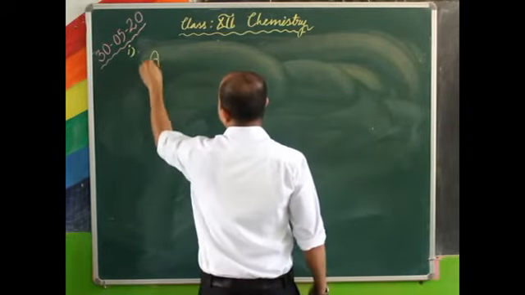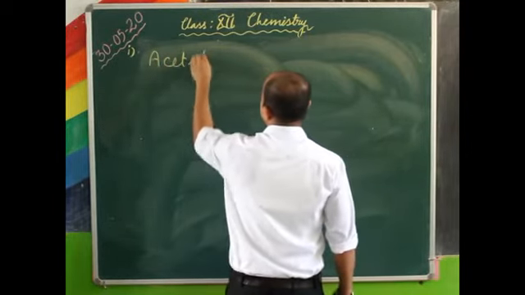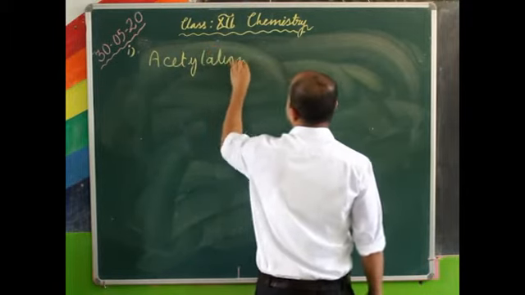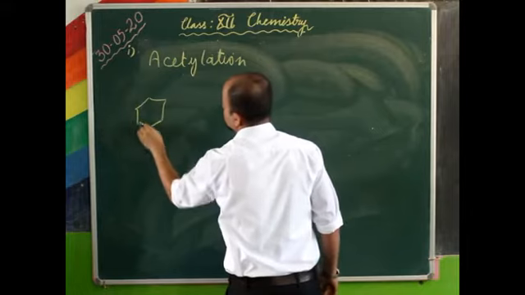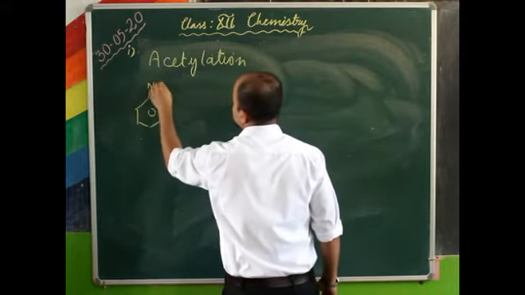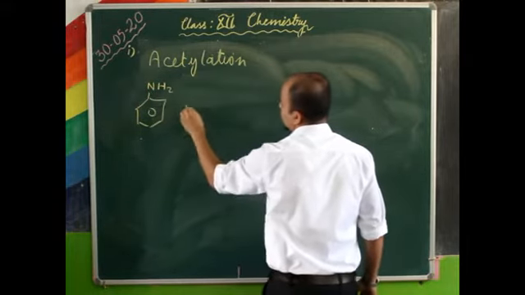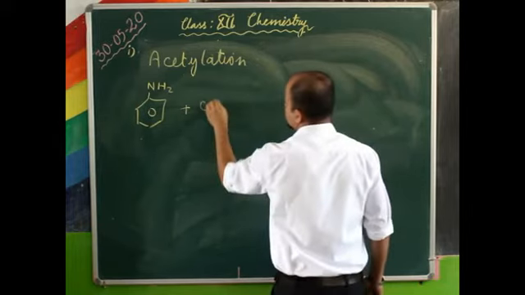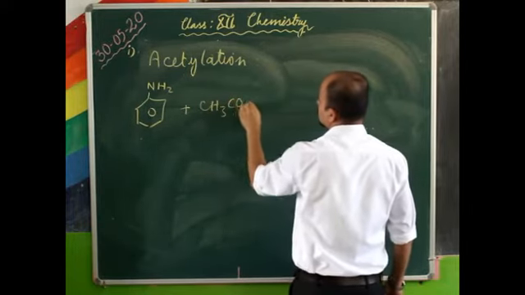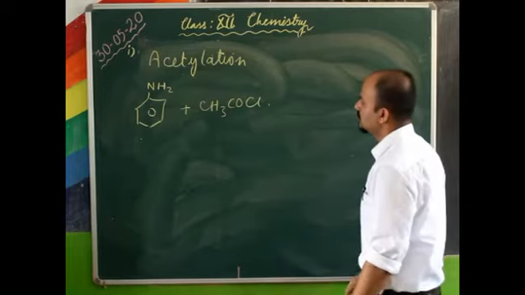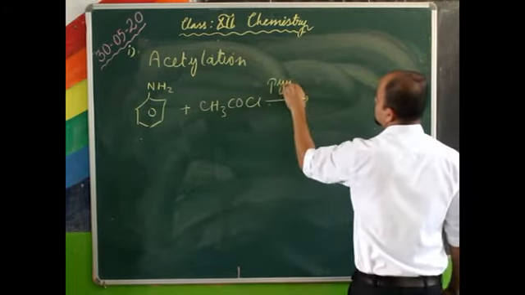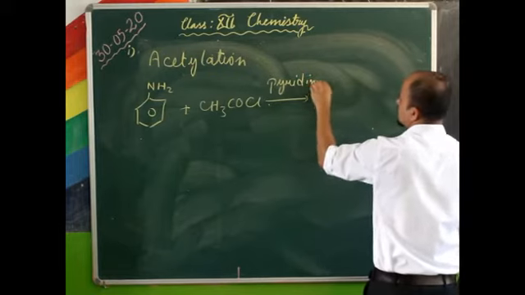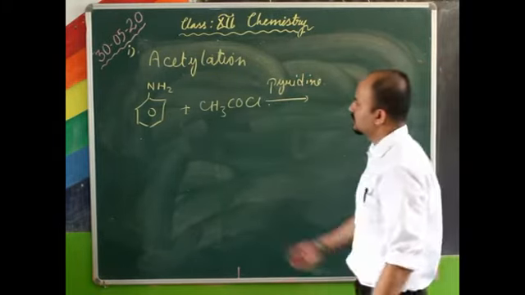Whenever aniline reacts with, say, acetyl chloride, CH3COCl, in presence of some base, say pyridine, which will act as a catalyst, what will happen?